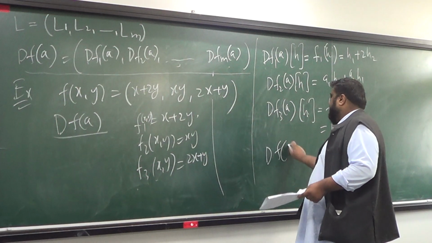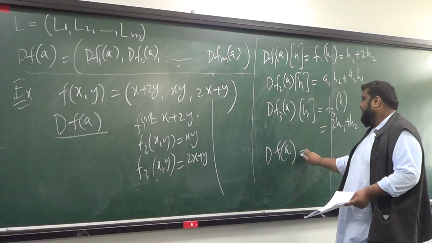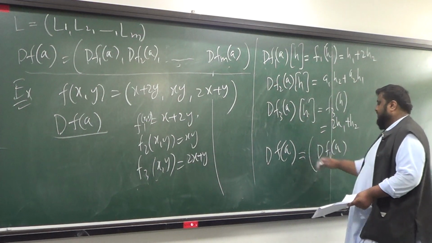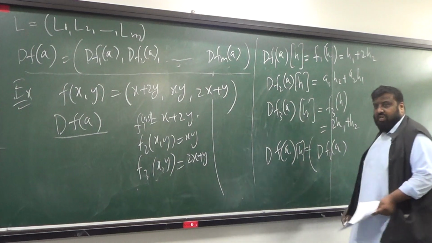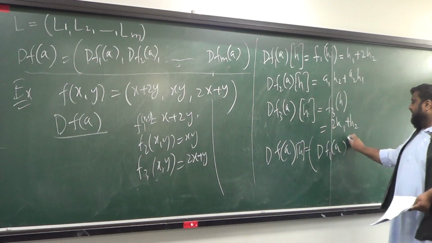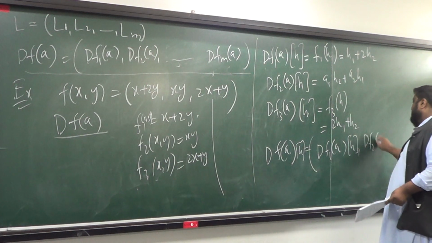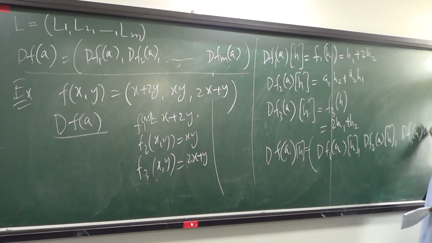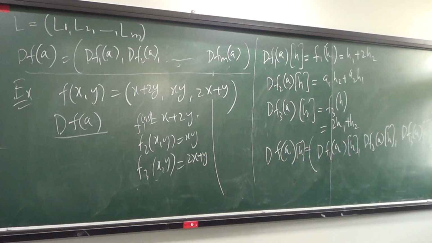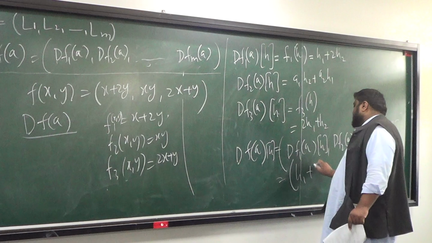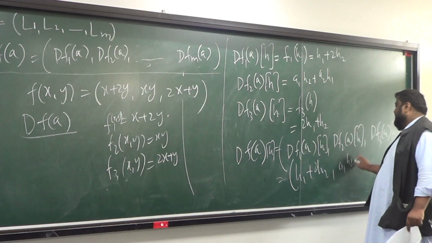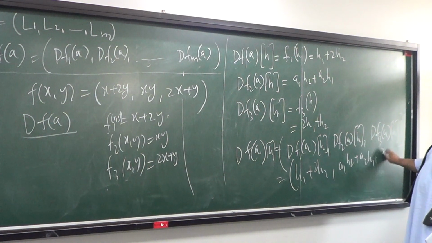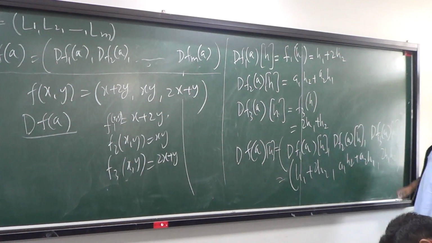So if you are interested in computing the Fréchet derivative of the entire function, you compute df1 of a operated onto h, df2 of a operated onto h, and the Fréchet derivative of f3 operated onto h, and then just make a vector out of it: h1 plus 2h2, a1 h2 plus a2 h1, and 2h1 plus h2.